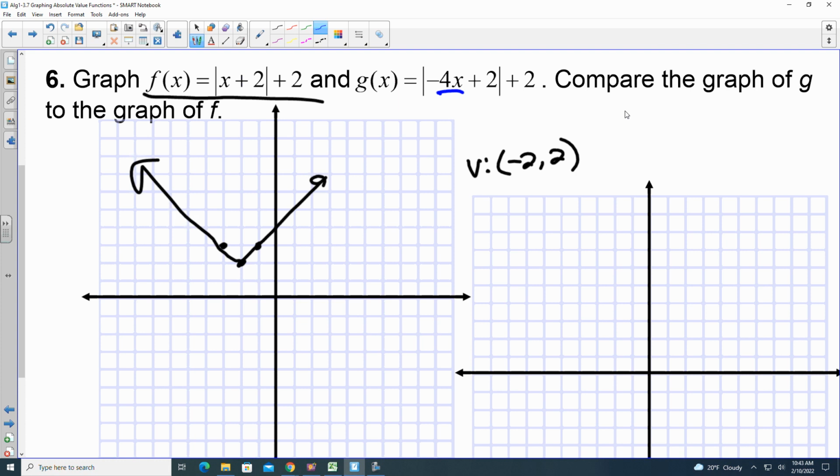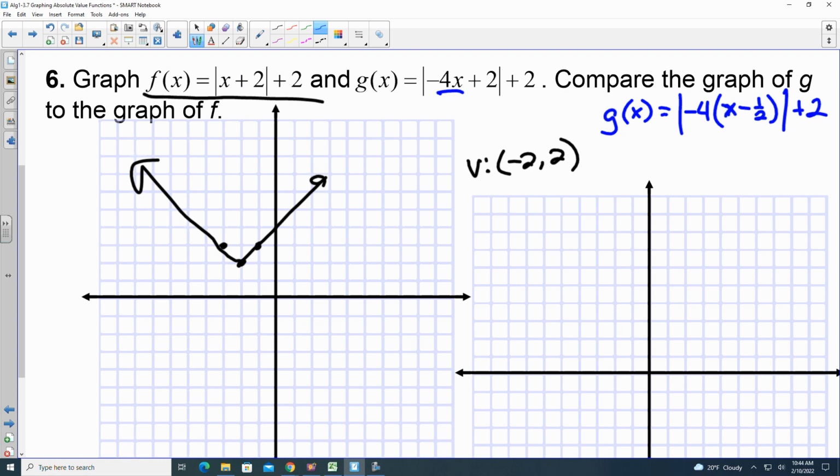So it was going to be g of x is equal to the absolute value of -4 times the quantity x minus 1/2, and then plus 2.